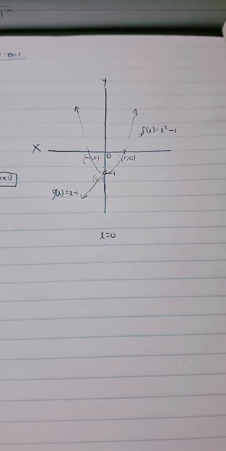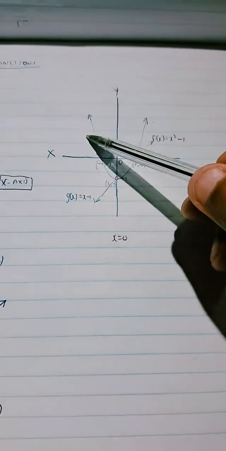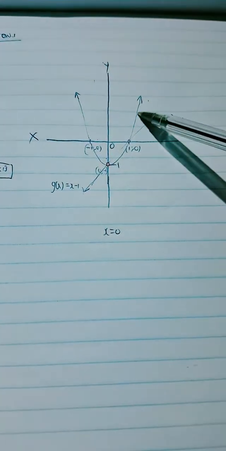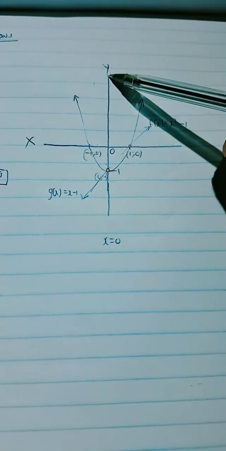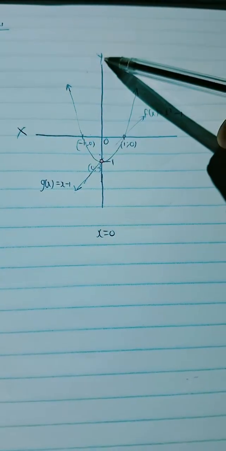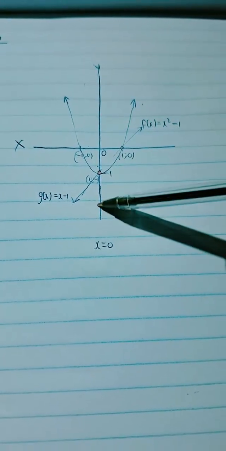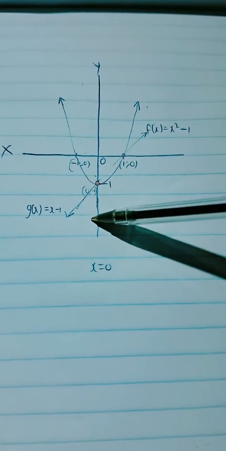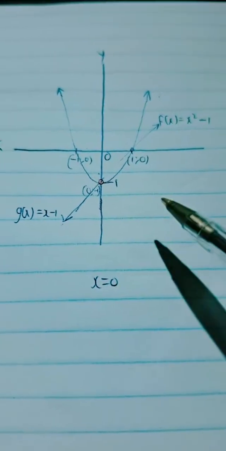And please take note of something here. Your parabola has a line which we call an axis of symmetry. All right. Y-axis is the axis of symmetry. Why do we call it the axis of symmetry?